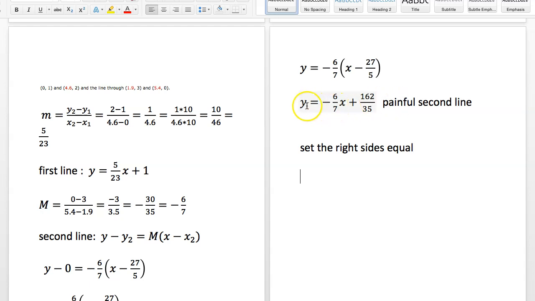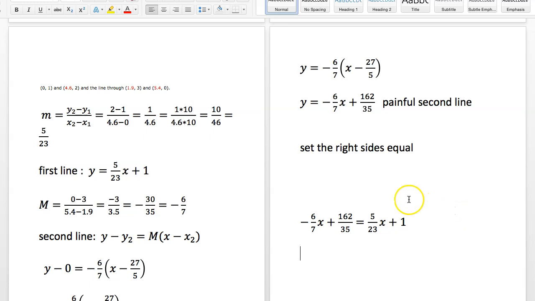Let me just put the characters on the ball field. You'll set this guy equal. I'm not going to pretend like I look forward to what this may come to. You'll set this equal to this.